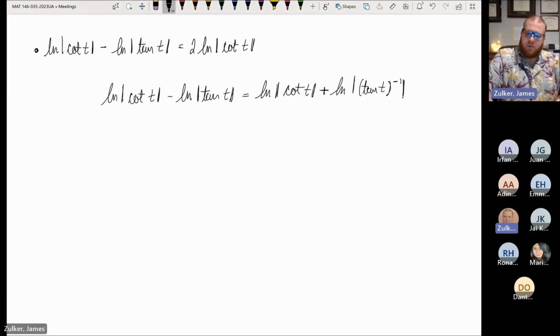Right. So what we did was we took this minus, treated it as a -1 coefficient. So it becomes plus the natural log of the tangent raised to the minus first power. Keep in mind, this does not mean it's the inverse tangent function. This is the reciprocal of tangent.